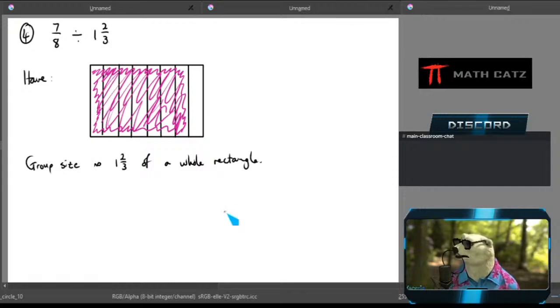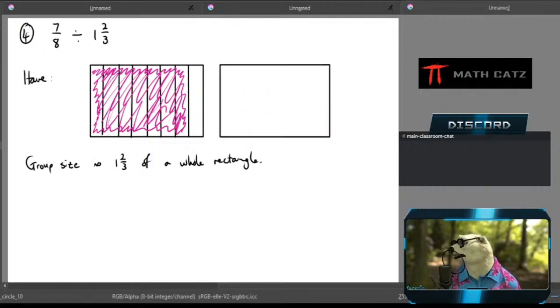So in order for me to figure out how much this is, I need to see more than just one rectangle. I don't have that many because the first number wasn't big enough to justify it. But the second one is. So it's not going to be pink, but I need to see another rectangle to make sense of how much is this group size. Oh, it's a lot. So I'm going to have to go eighths and just set it up.